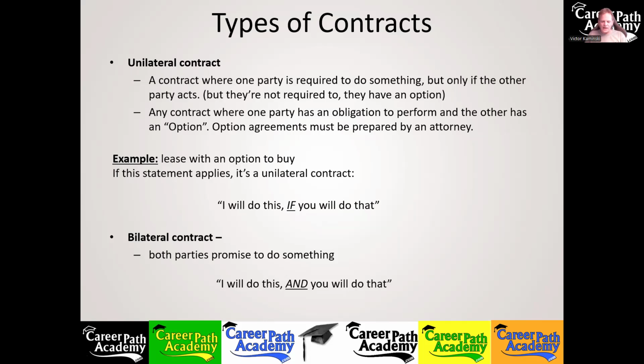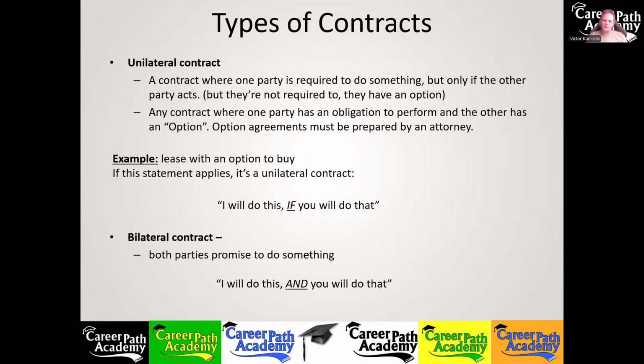Remember, I told you any contract has to have legal consideration, an exchange of something of value. So if you have a lease, that's a contract in itself. The lease agreement, the landlord's letting the premises and you're going to pay them for that. The option to buy, that's a different contract.